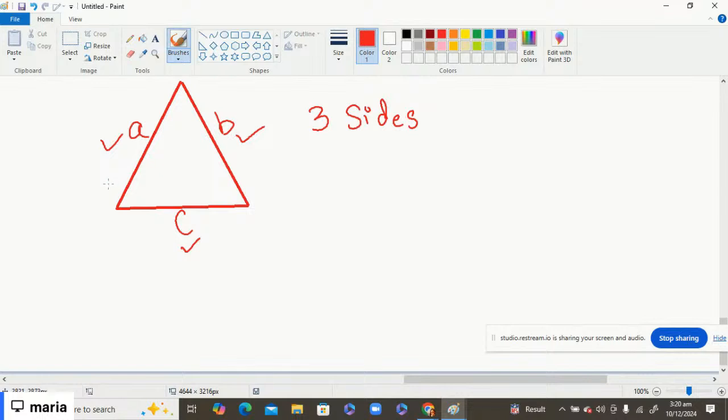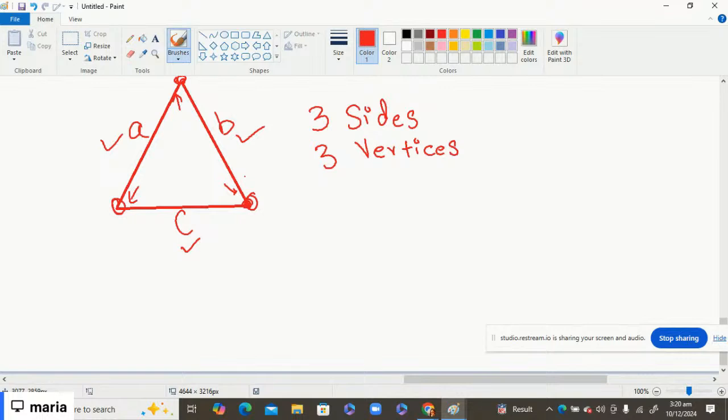And if we are talking about their meeting points, at which point they meet? Here is the 1 point, 2 point, and 3. So the 3 vertices. Okay, 3 sides and 3 vertices.